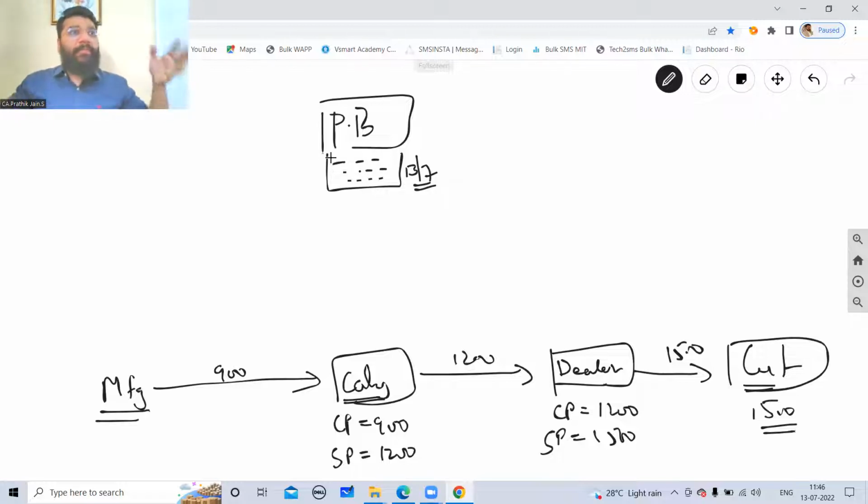In the bunk, there will be big barrels underground where the petrol is stored. When this petrol was procured from the oil company, let's say BPCL or IOCL or HP, they buy it at 100 rupees. Forget what they purchased at.